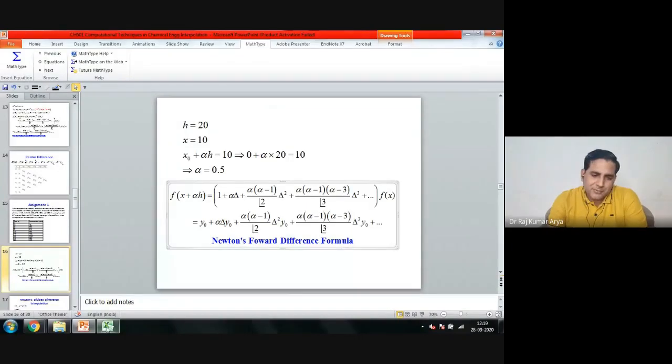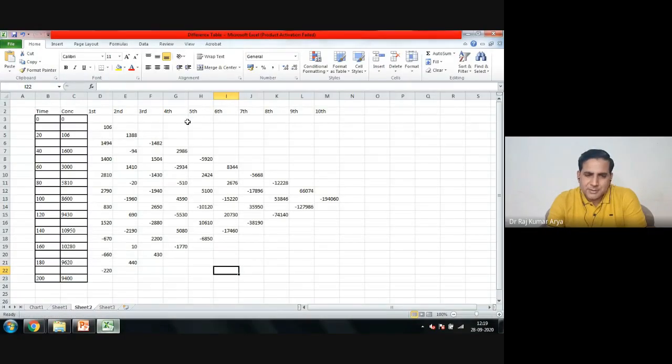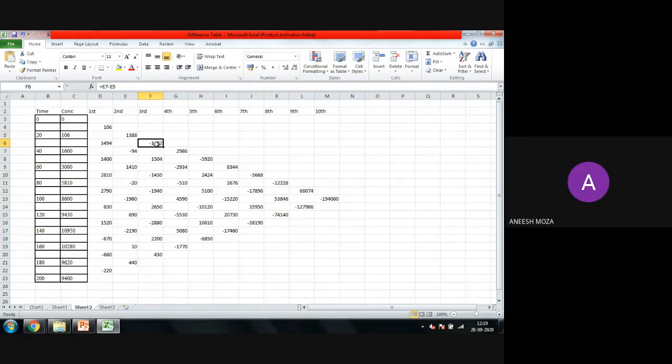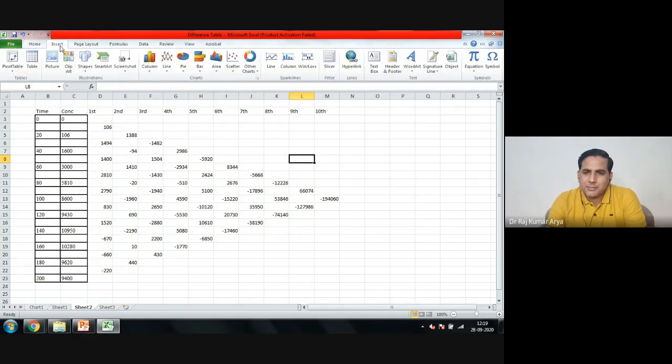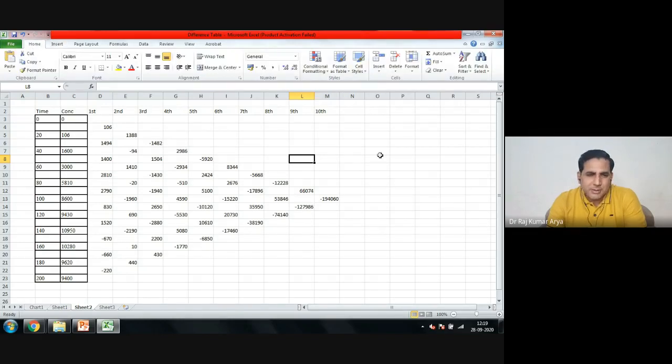So these lines are the values you need to consider here.